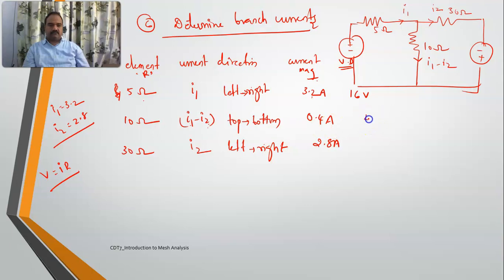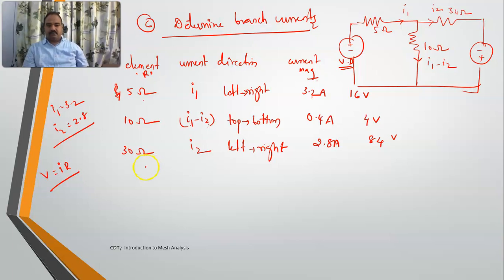This is 0.4 into 10, it is 4 volts. It is 2.8 into 30, it is 84 volts. This is the simple thing, how you can solve this problem.